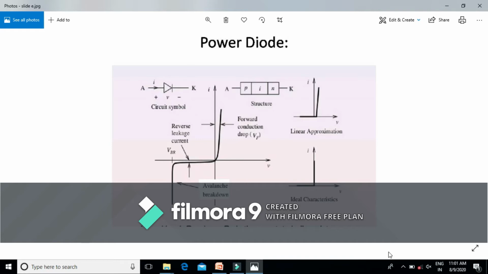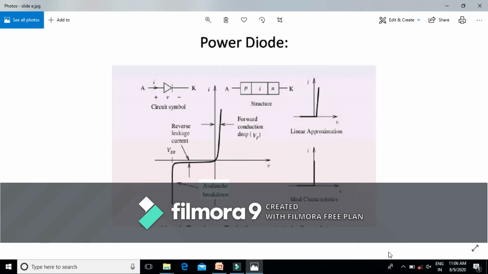The width of this depletion layer is of the order of 5 into 10 raised to the power minus 4 millimeter, and hence there is a potential difference of 0.7 volt across the depletion region in silicon and 0.3 volt across the depletion region in germanium, and this potential difference across the depletion layer is called the barrier potential.